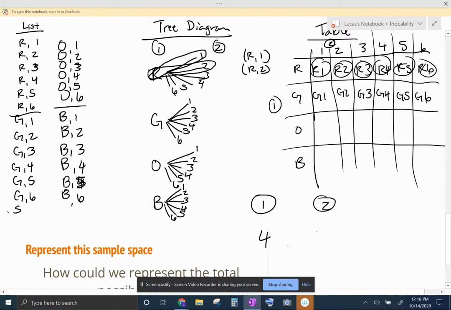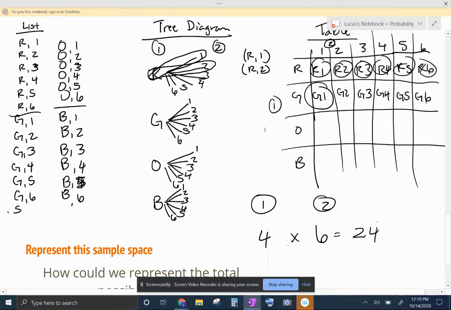And then in the second event, there are 6 different possibilities. So in the compound event, meaning we're trying to find if it happens one after another and find a specific instance, like the probability of rolling a green first and then a 1, we would just multiply these two. Okay, and we get 6, 12, 18, 24.